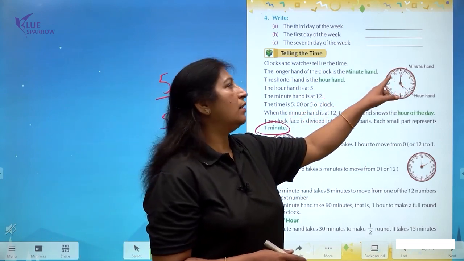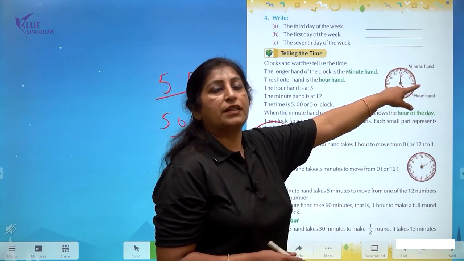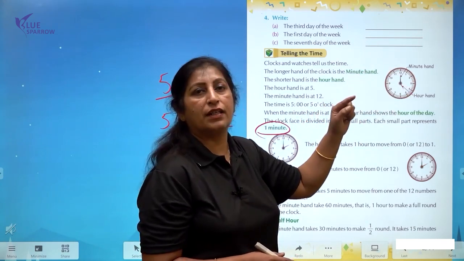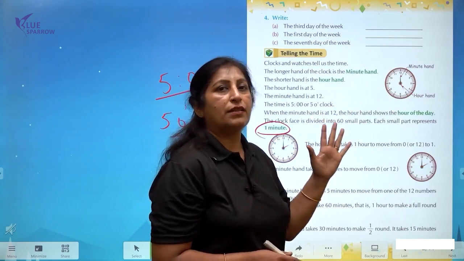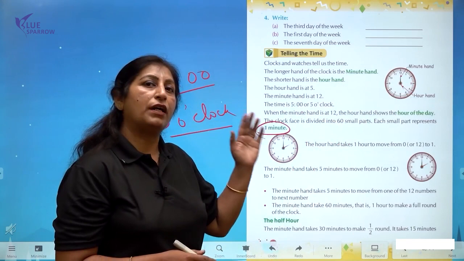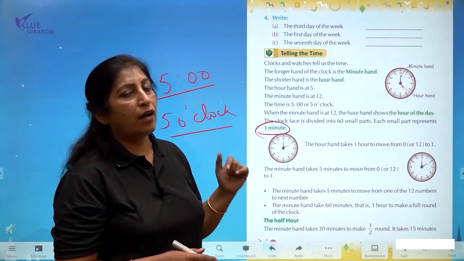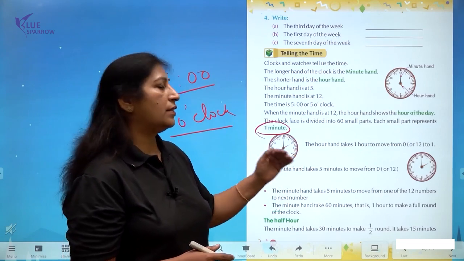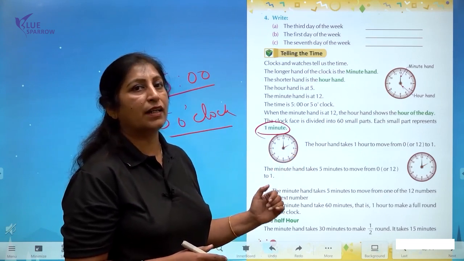Suppose the minute hand starts from 1 and reaches 2. It means it is covering 5 small divisions. It means 5 minutes are completed by the minute hand in moving from one number to another. And when the hour hand moves from one number to another, it takes 60 minutes, that is 1 hour.